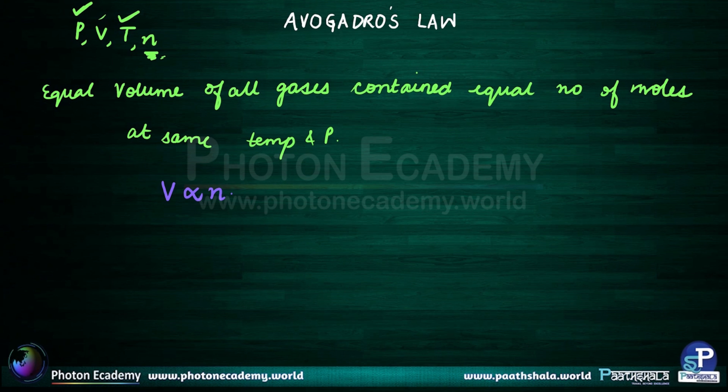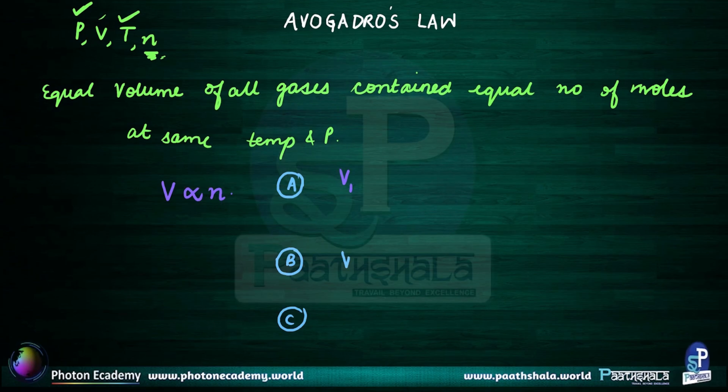And the scientist has framed it this way that equal volumes, say V1, for a gas, let's say we have 3 gases, gas A, gas B and gas C. Gas A is occupying volume V1, gas B is also occupying volume V1, and gas C is also occupying volume V1.